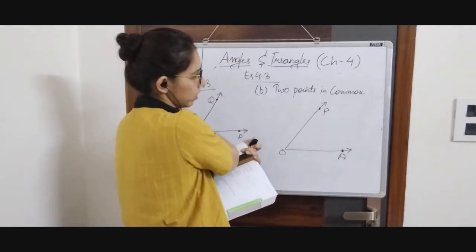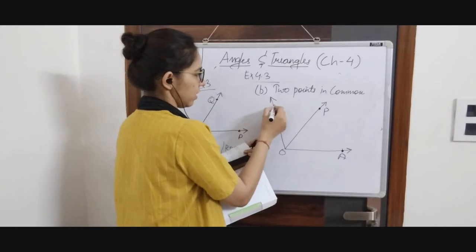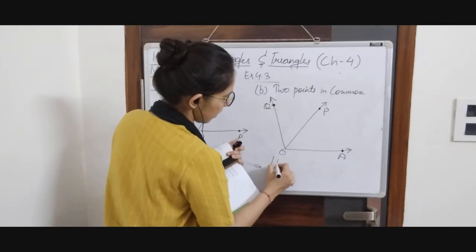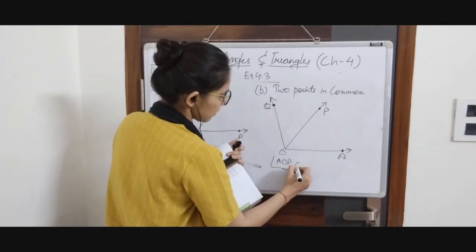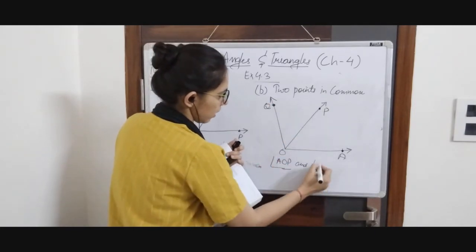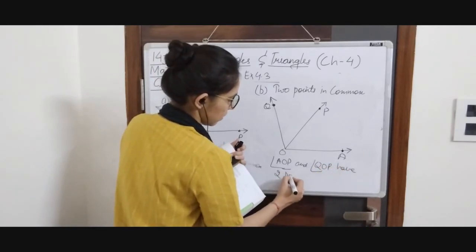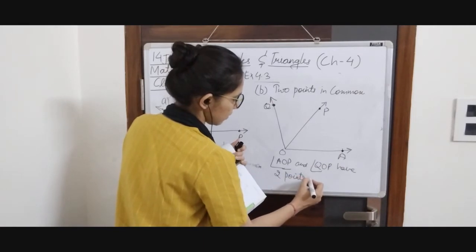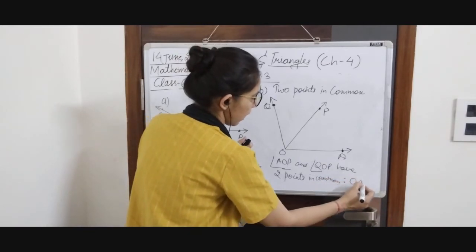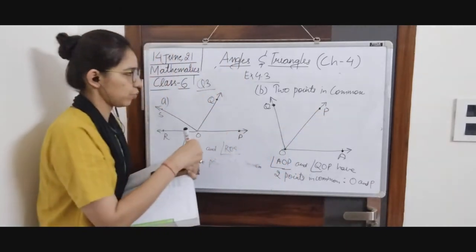Now we have to make one more angle, and suppose I'll make another ray and name it Q, and now we have two angles, angle AOP and angle QOP. Angle AOP and angle QOP have 2 points in common, and the points are O and P. Okay, this point O and this point P. These points are in common.